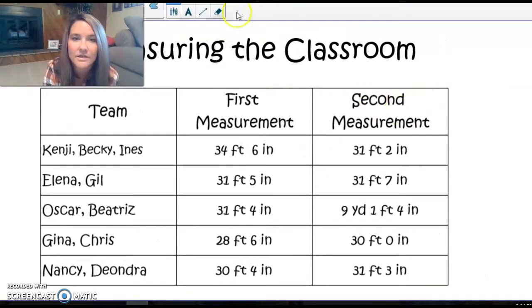I'm going to scoot over here just a little bit. So we know that 3 feet is in 1 yard. Okay, so how many yards are in 31 feet?